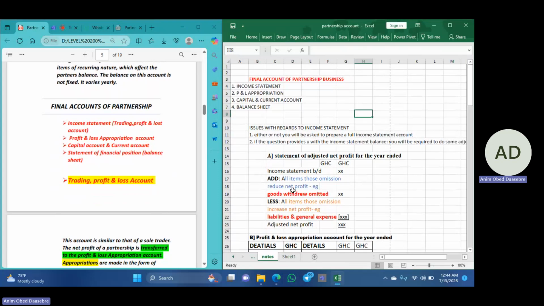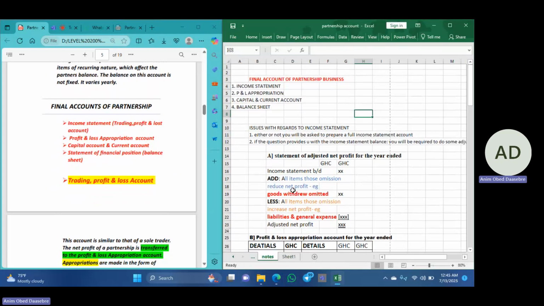An example is goods withdrawn omitted. You get it? So all items that will reduce the net profit will be added to the reported profit.